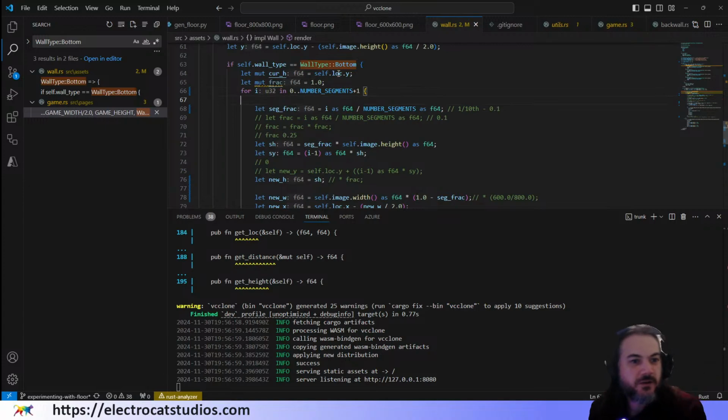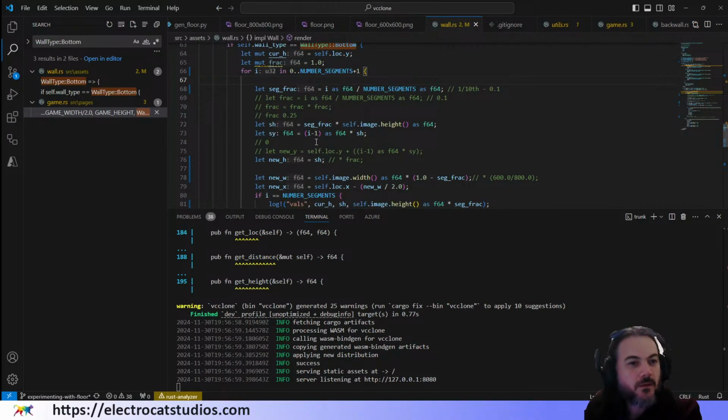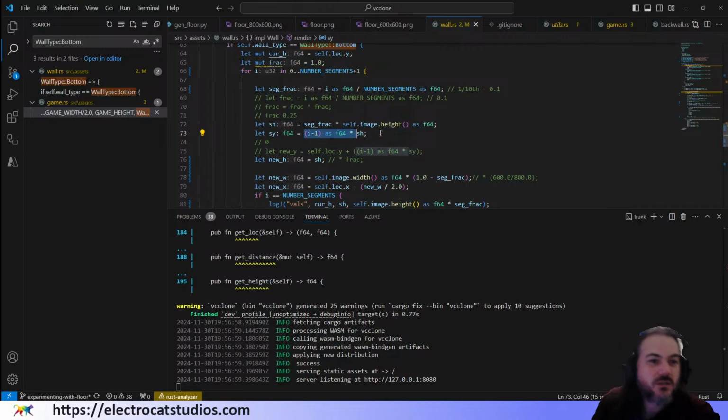This should be going from 0. I have no idea what that is. It's the start height. i -1. Oh, okay, that should just be i. So the start height, yeah.